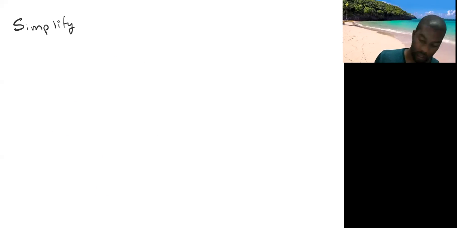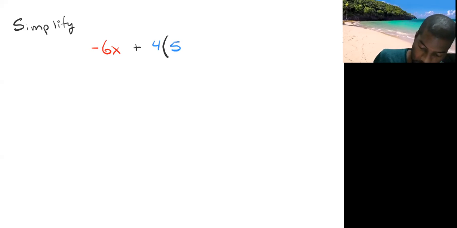Let's try another one. Let's simplify this problem here. I have a negative 6x plus a 4 by itself, parentheses, 5 minus x.